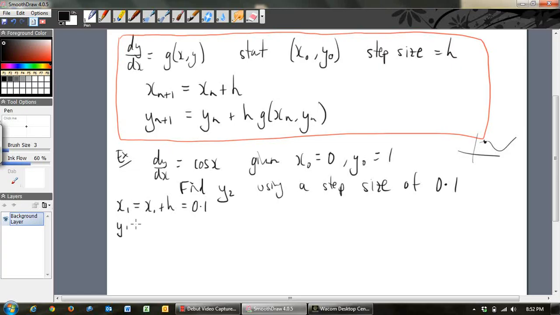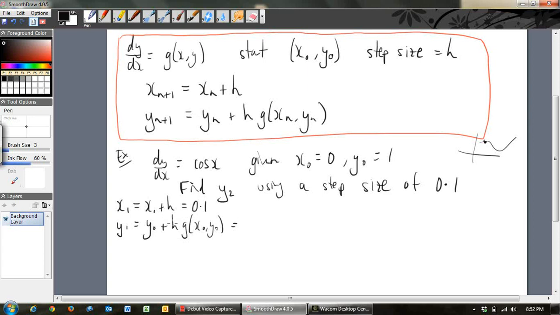Let's find out what y1 is equal to. y1 is equal to y0, following this up here, plus h g of x0, y0. So we're just doing the previous numbers.